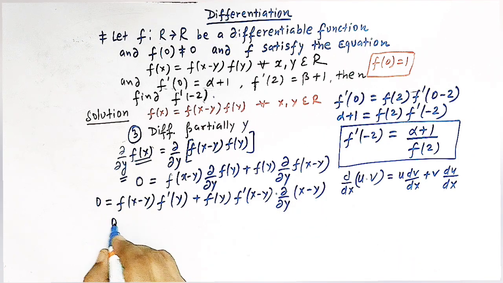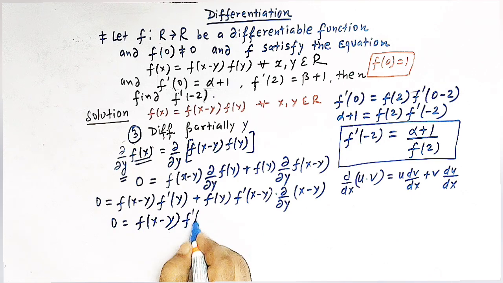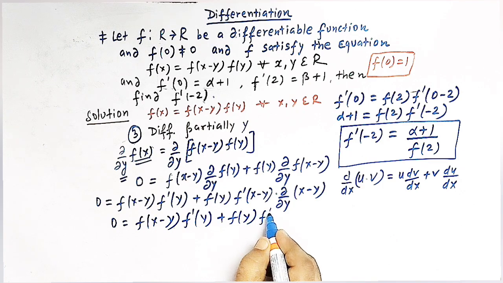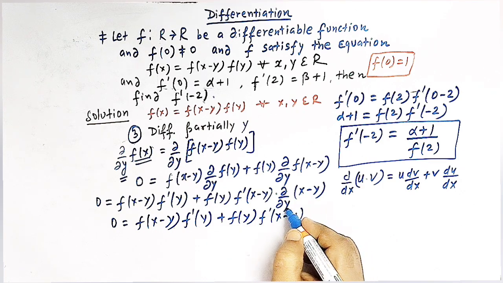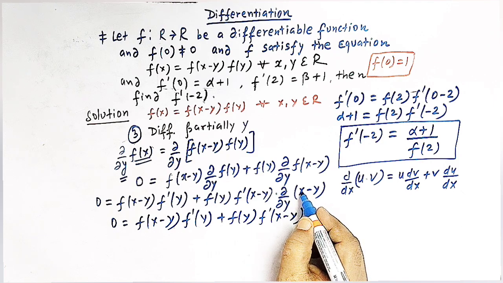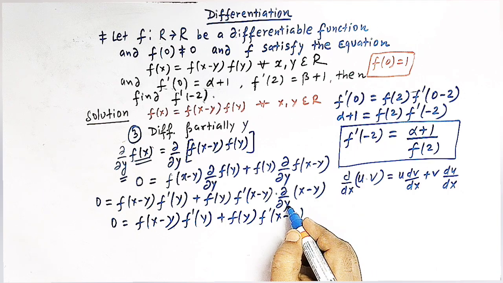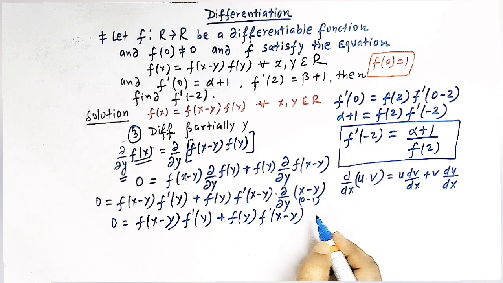So we have 0, then f(x − y) f′(y). Here we have f(y) f′(x − y), and here the derivative of x with respect to y is 0, because x is constant, and the derivative of y is 1 with respect to y. So here we have 0 minus 1, so we have simply minus 1.